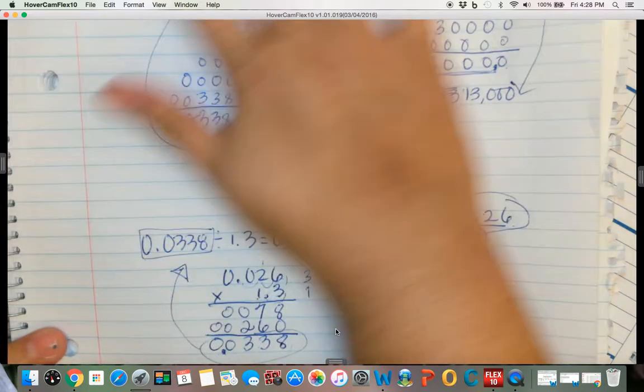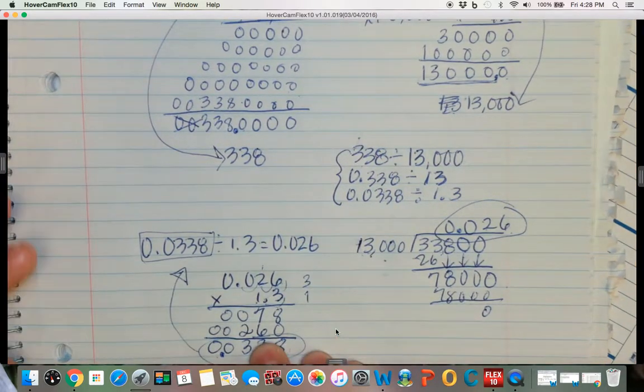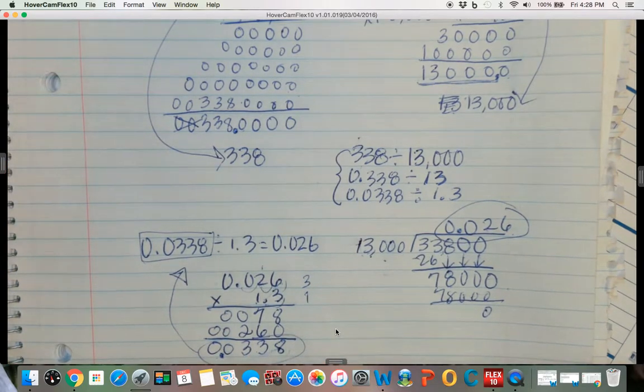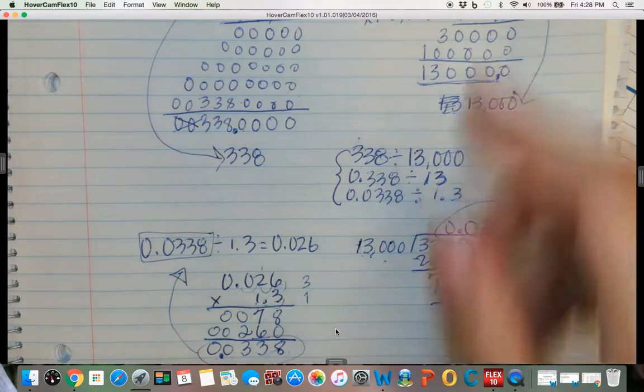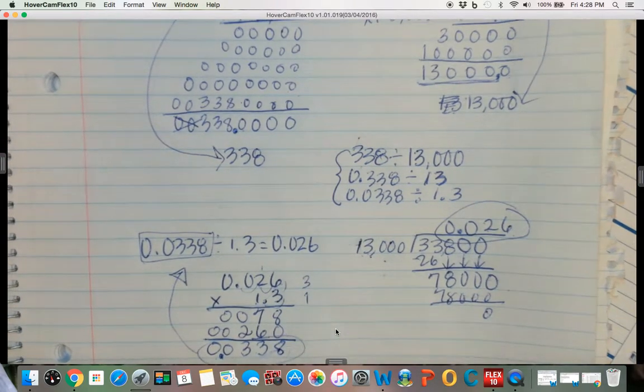If you didn't understand all this mathematics that I just did, I recommend that you stop the video, go back, rewatch it, go through it again. We have to be able to prove that we can use powers of 10. And if we use powers of 10, they have to be the same power of 10 when we multiply.